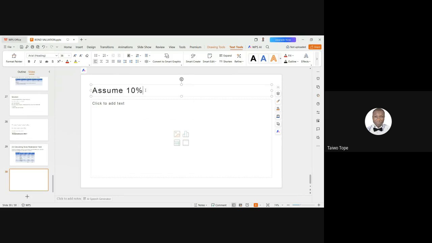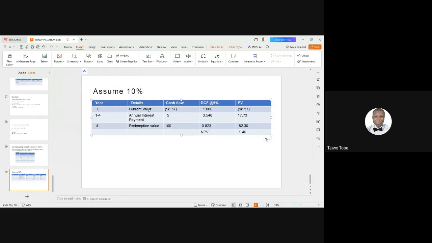If I'm assuming 10%, this will change. This will also change. And this will change likewise overall. So the discount factor, applying 10% in your annuity formula for 4 years, this will give you what?